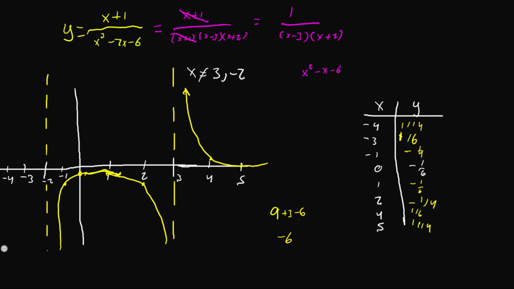And no, that's going to be positive 6, I meant. And 1 over 6. When x is equal to -3, it's 1 over 6. So we don't need to look at -4. So we're just going to copy the same points. And we're going to get the shape looking like this.